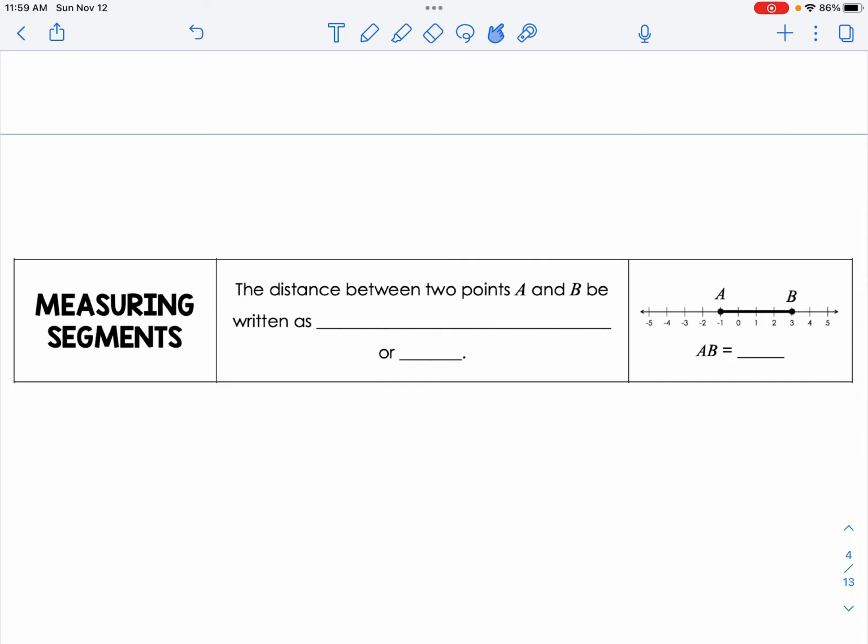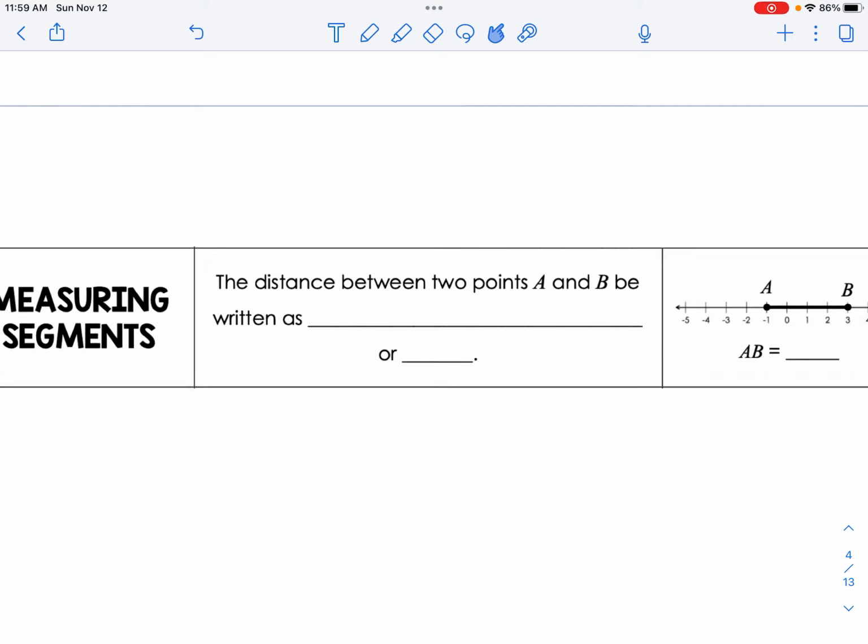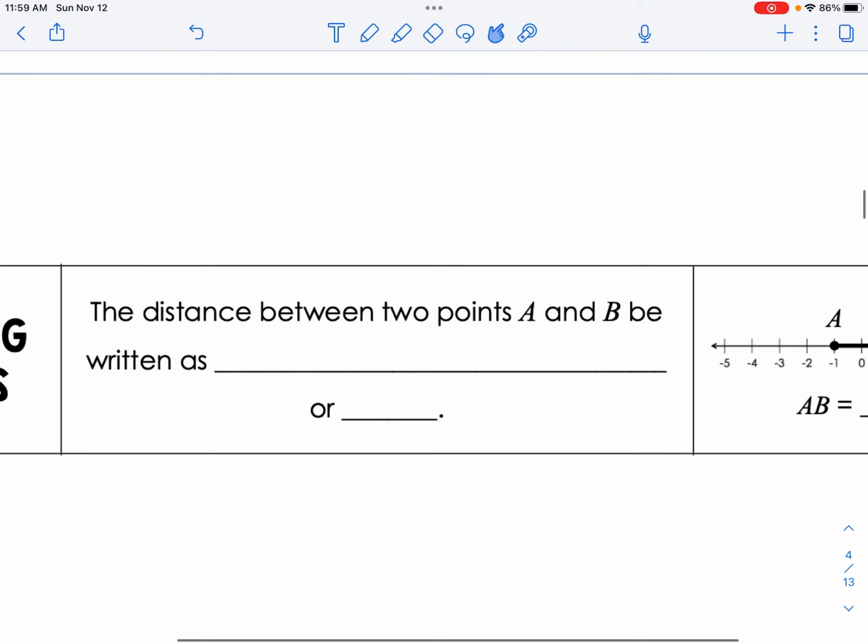So, measuring segments. When we measure segments, the distance between 2 points A and B can be written as the length of AB.